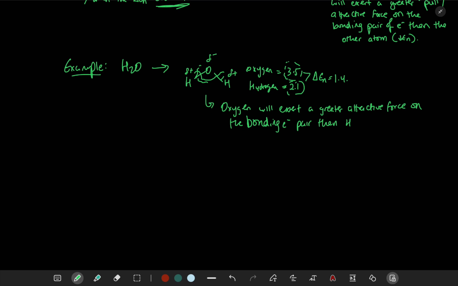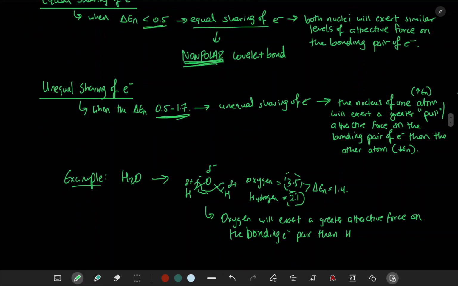And so in this situation, when we have an electronegativity difference of two atoms in a covalent bond between 0.5 and 1.7, what that's going to do is, again, like we said, there's going to be unequal sharing of electrons. And when there's unequal sharing of electrons, it's going to result in what's called a polar covalent bond. Okay, a polar covalent bond.